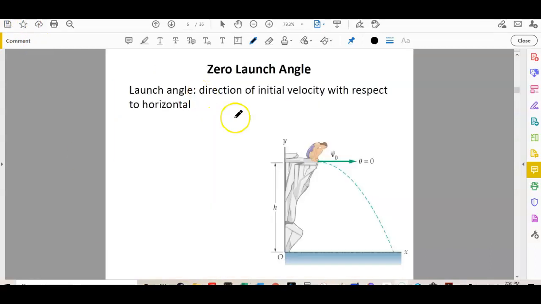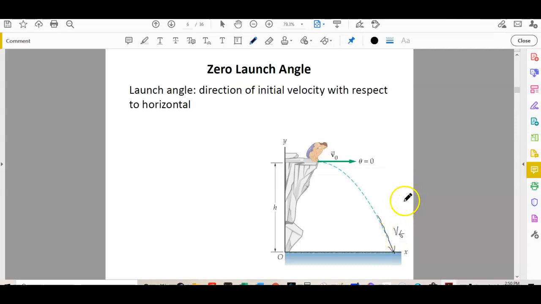Okay? So typically with zero launch angle problems, you have something on a cliff and it's being launched straight out at a zero launch angle. That's what it means, a 0 to the horizontal launch angle. So all of the object's initial velocity, in this case a diver, is in one direction. Down here, that initial velocity is now a final velocity right before it's impacting the ground.